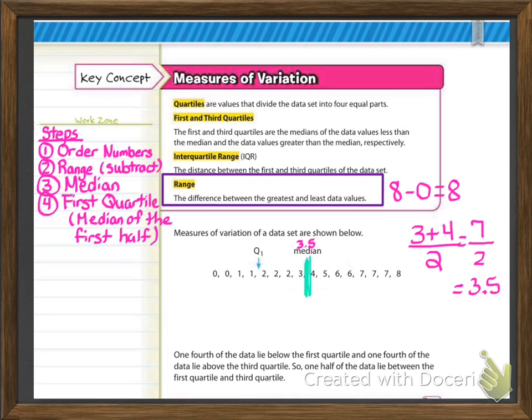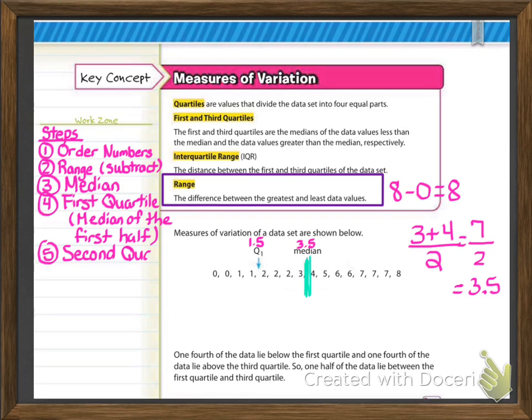Here you can see the way the book indicates where the first quartile is: they're using Q for quartile and 1 for the first quartile. Above that Q1, if you could do me a favor and write 1.5, this way we remember what we found the first quartile number to be.